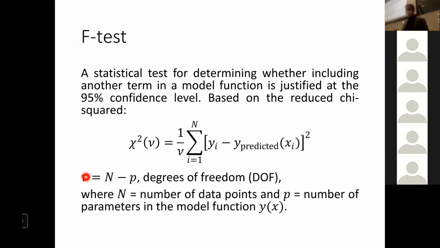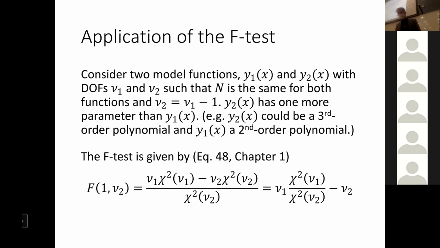And here again, nu is n minus p, where n is the number of measured data points and p is the number of parameters in the fit model. Okay. And so let's say you measured some data. You have two different model functions, y1 of x and y2 of x. And the number of degrees of freedom are nu1 and nu2, respectively.